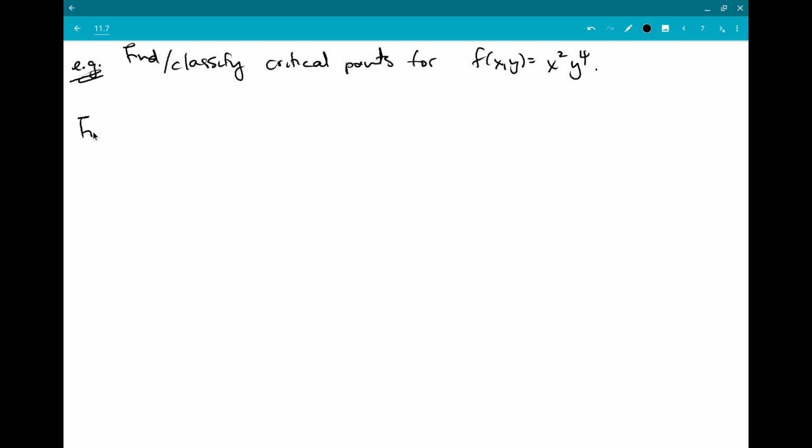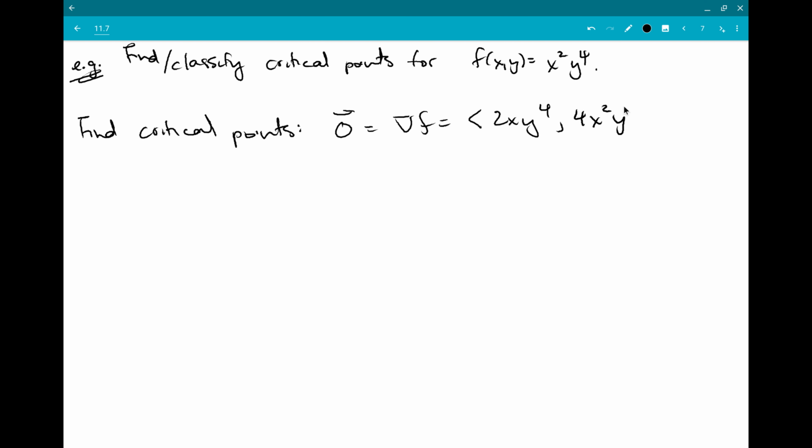I'm going to say, okay, I need to find critical points. That means I need to set the gradient equal to 0. And for me, that gradient is going to be 2x y to the fourth and 4x squared y cubed.